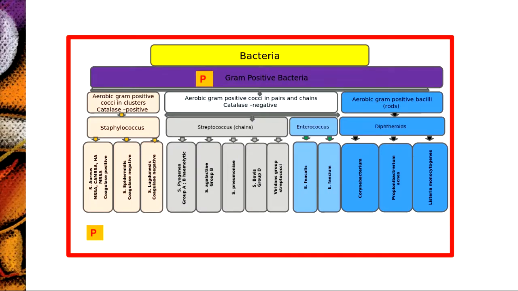Here you can see the classification of bacteria. There are thousands of bacteria, but the pathogenic bacteria are only few. This is an example of gram-positive bacteria, and here one example is Staphylococcus aureus. And Staphylococcus aureus has 2 types. One is the good one, or at least easy to treat, MSSA, methicillin-sensitive Staphylococcus aureus, and the bad one, very difficult to treat, MRSA, methicillin-resistant.